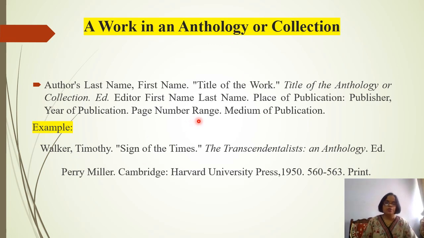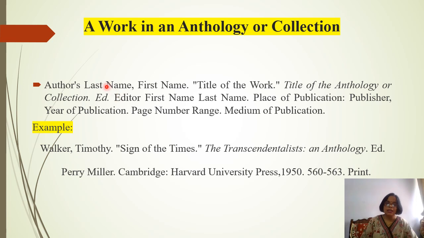Suppose you have taken your quotation or citation from an anthology or some collection. Then what is going to be the basic format? Author's last name and first name. Then title of the work, from which work you have taken this particular quotation. And this title of the work is going to be in inverted commas, and we do not use italic format for it. Title of the anthology or collection is going to be in italic.